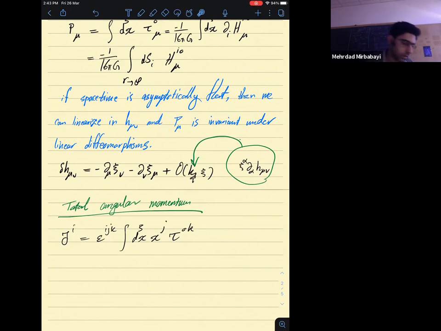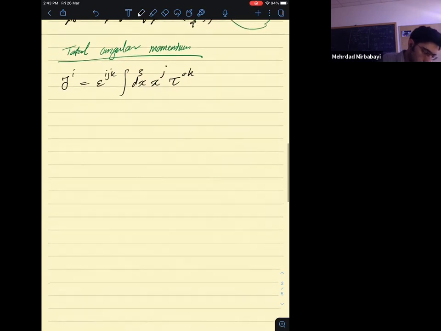And of course, if I ask what is the total angular momentum J i for the Schwarzschild geometry, it is obviously 0 because of the spherical symmetry.